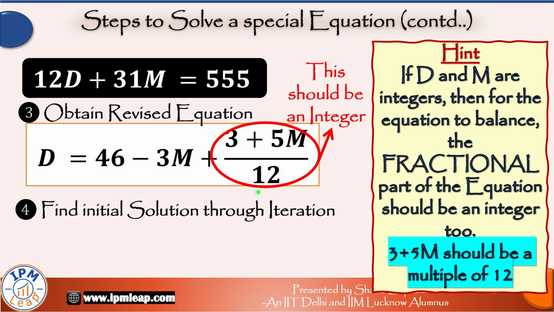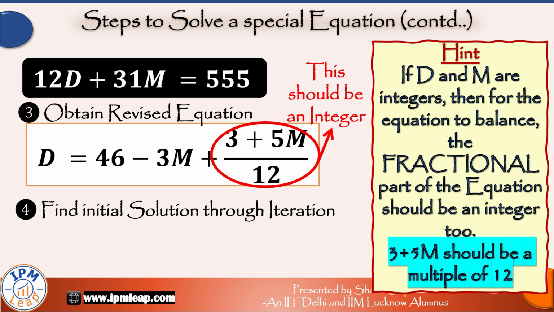So we can do a few iterations and try out various values of m such as 1, 2, 3 and so on till 3 + 5m becomes a multiple of 12. Else, the better way is to equate 3 + 5m with various multiples of 12 and stop when we get an integer value of m.